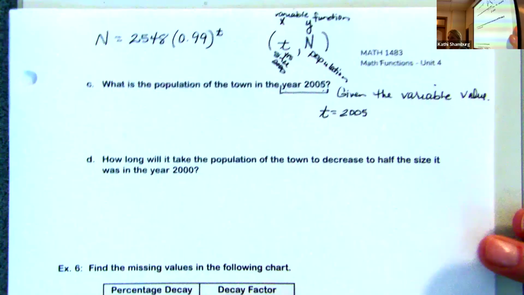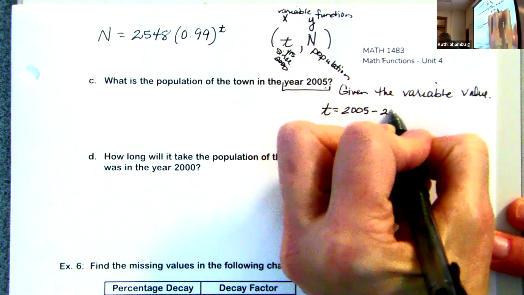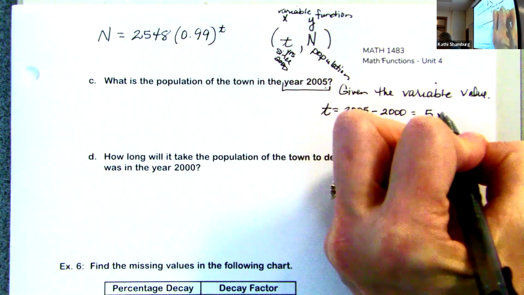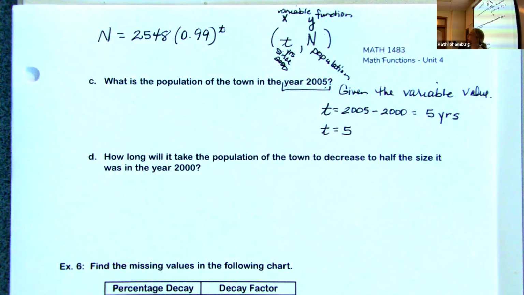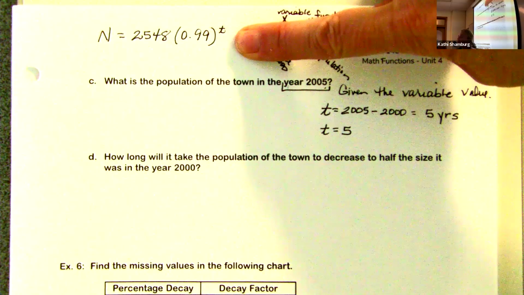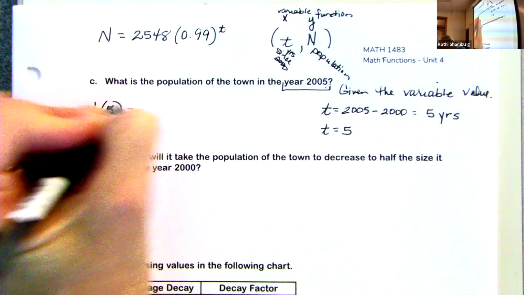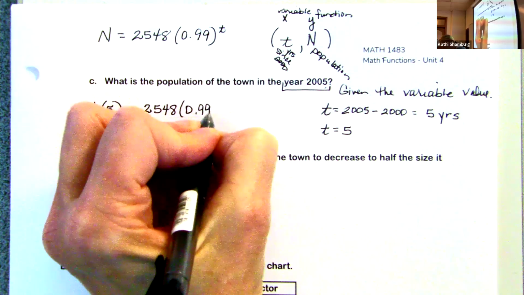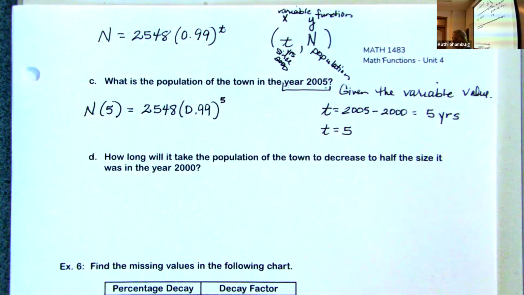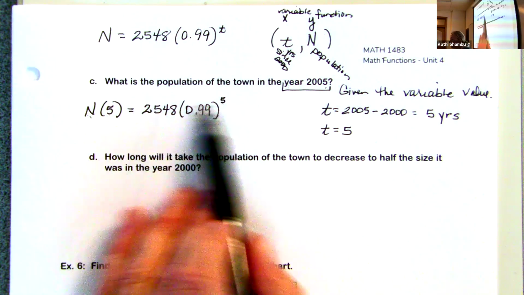It is 5, because we know it's since 2000, so we have to subtract the year 2000, so we know it's 5 years. So t equals 5. How would I put that in functional notation in relationship to my exponential equation? That's exactly right. So n at 5 equals 2,548 times 0.99 raised to the 5th power. So we're finding the population 5 years after 2000.